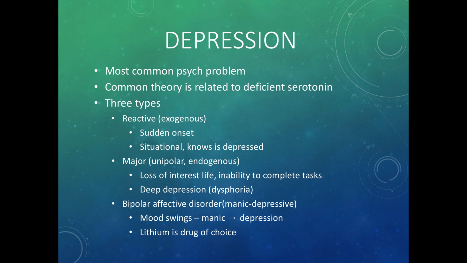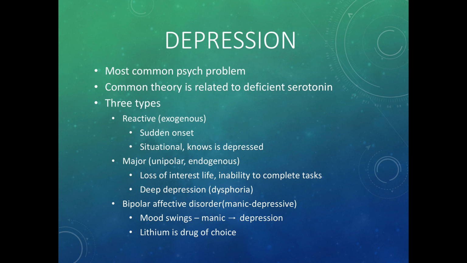So now, it's really not sure exactly why it occurs. There is no definitive answer. But the common scientific theory is that there are insufficient amounts of these brain neurotransmitters, particularly serotonin and norepinephrine, and that this is what leads to depression. So the drugs that are most effective to treat this are medications that increase these neurotransmitters.